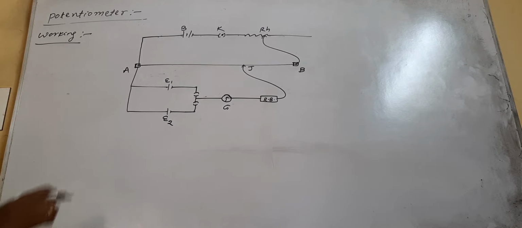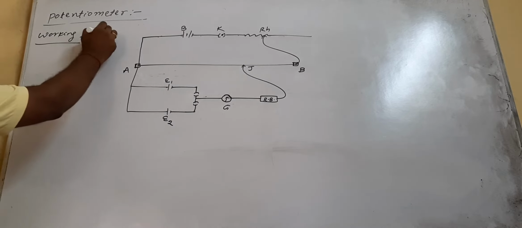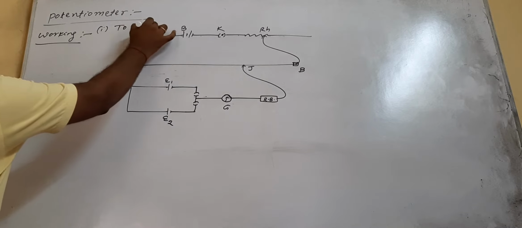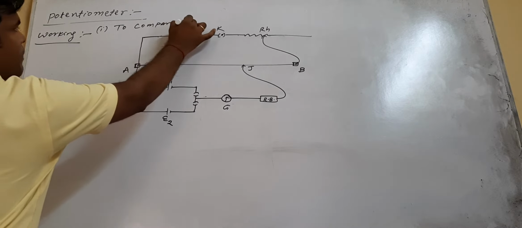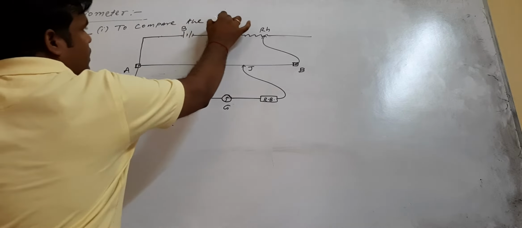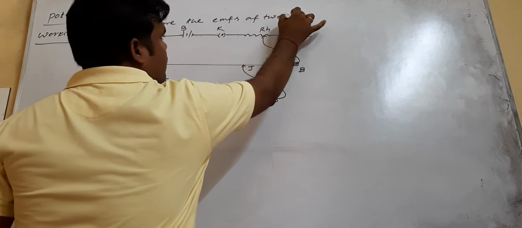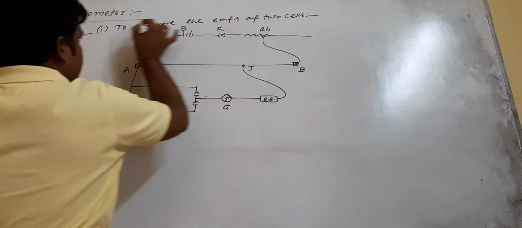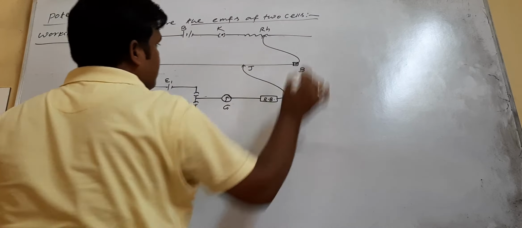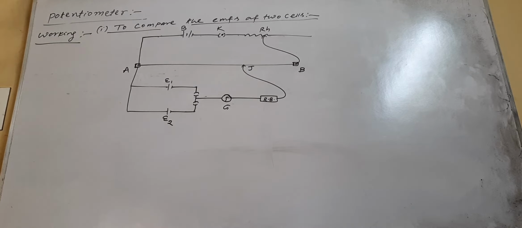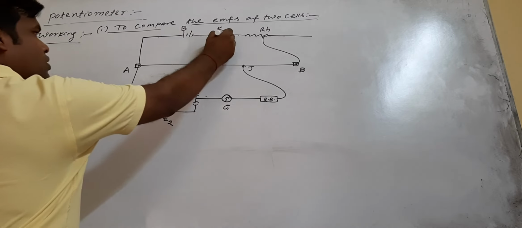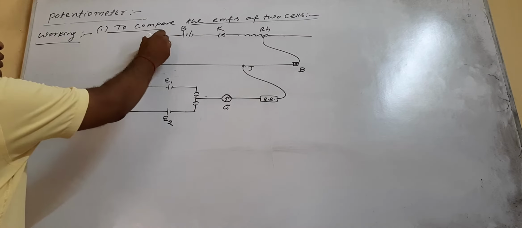Now, first one, to compare the EMFs of two cells. When the key is closed, then current flows like this.